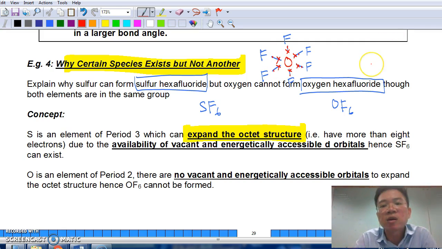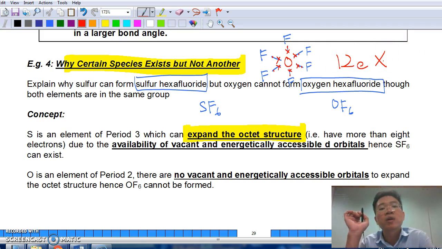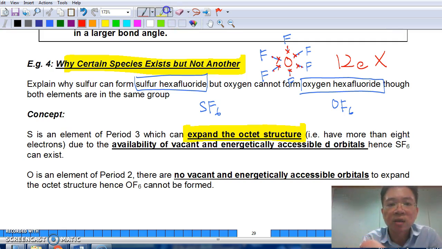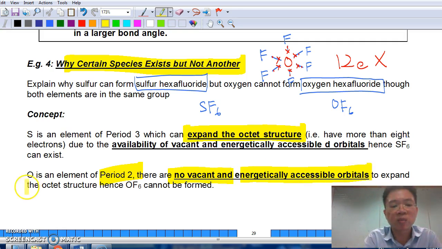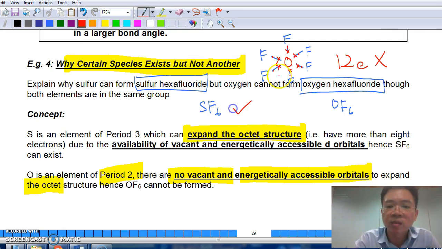The number of electrons surrounding oxygen is 2, 4, 6, 8, 10, 12. 12 electrons, which is not possible because oxygen, which is a period 2 element, does not have vacant and energetically accessible orbitals to expand its octet. Therefore, OF6 does not exist, but SF6 does.